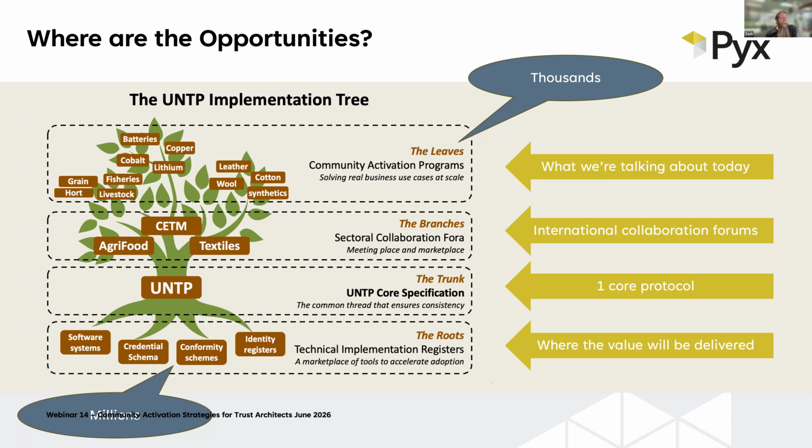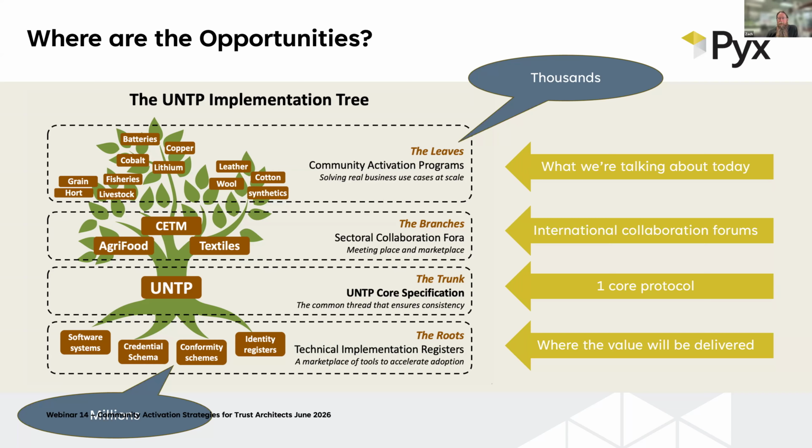One of the other core concepts that the UN is pursuing is the idea of international collaboration forums. How do we get consistency, learnings and collaboration where there are overlapping needs? The international collaboration forums are that ecosystem to discover other community activation programs, other people doing like-minded things.